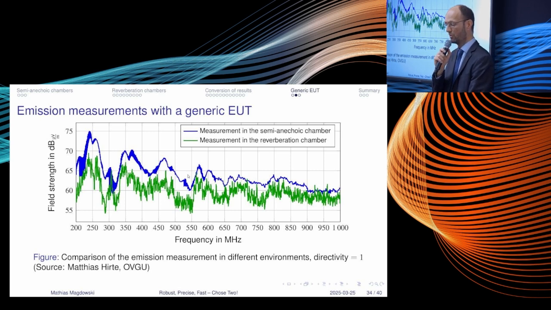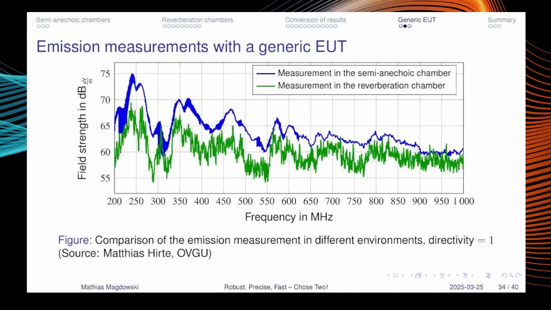The blue curve is the result from the semi-anechoic chamber, and the green curve is the result from the reverb chamber. You can see that there's much more variability or spread in this reverb curve because this is, let's say, the intrinsic statistical uncertainty of the reverb chamber.